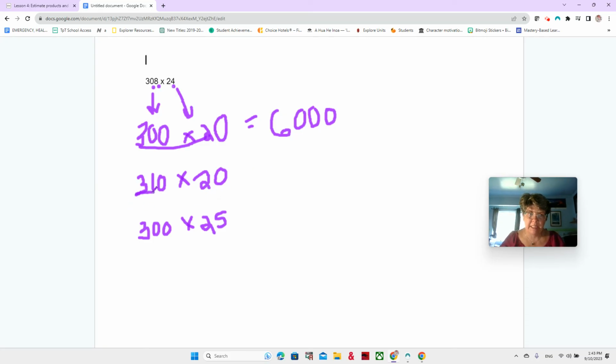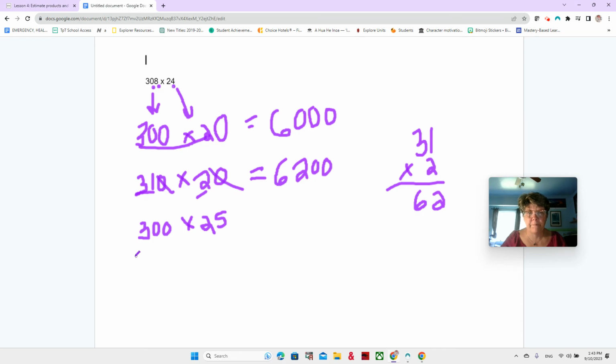310, we could take 31 times 2, right? So remember how we did that with the 93? We could think about our 31 and 2. So that would be 62, right? Some of you are able to think about that. 62 and 2 zeros. See our 2 zeros here. Okay.